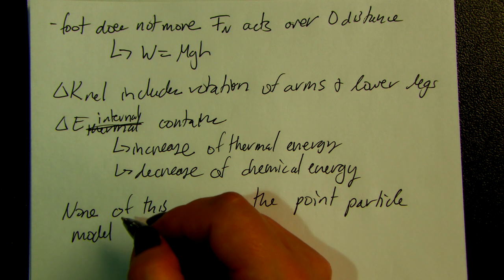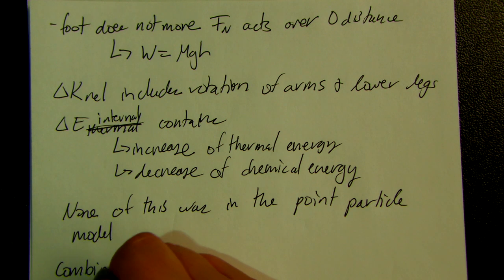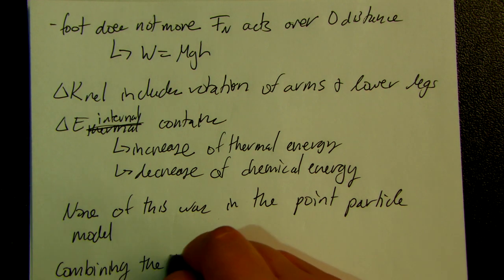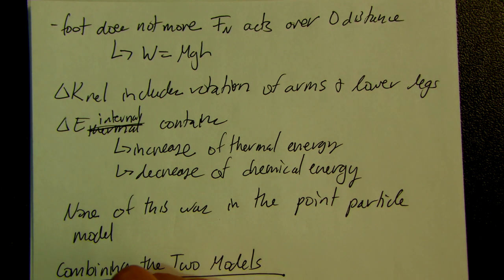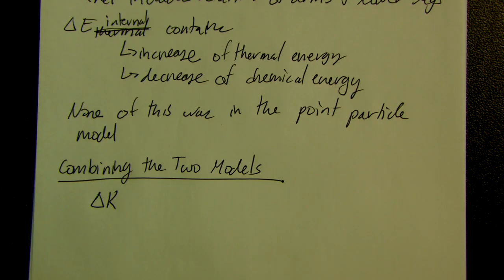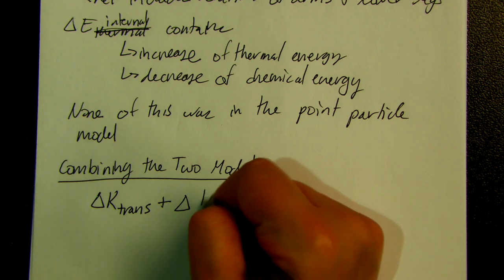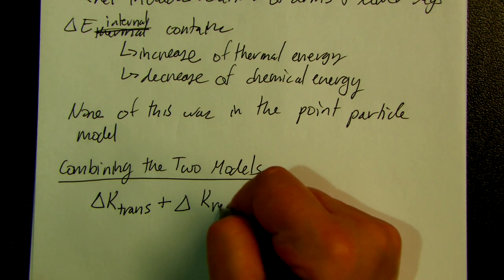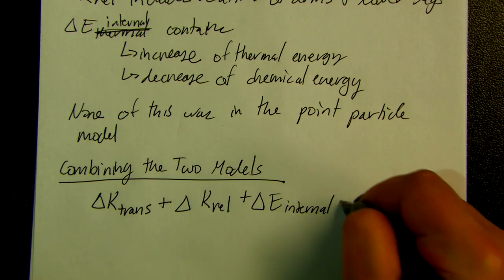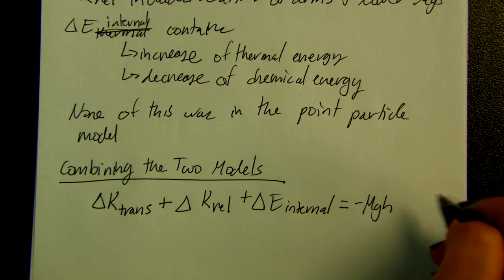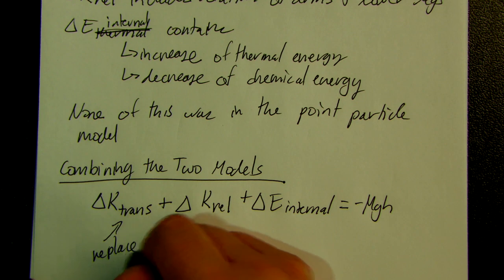All right, so let's combine the two models. Delta K translational plus delta K relative plus delta E internal is equal to minus mgh. So we can replace this, we know what that is.